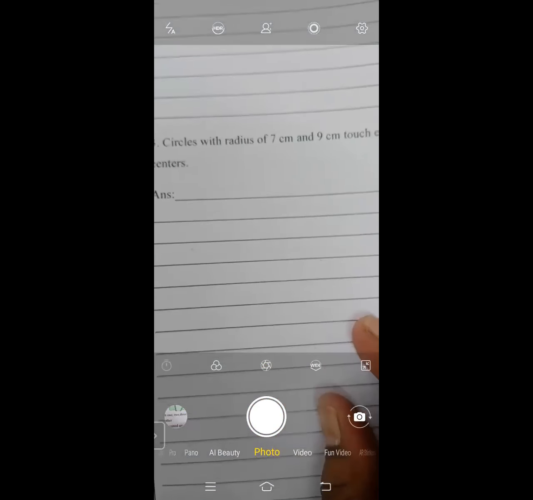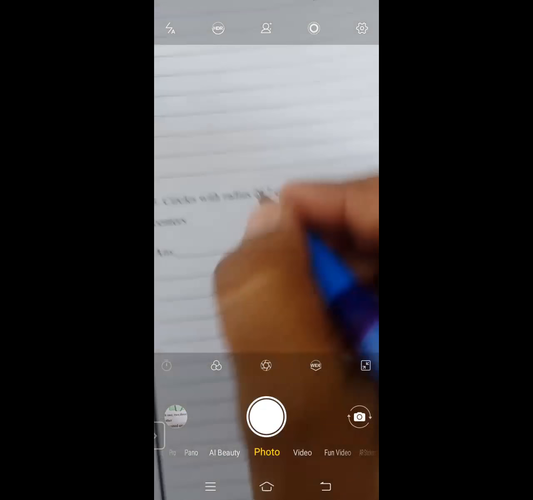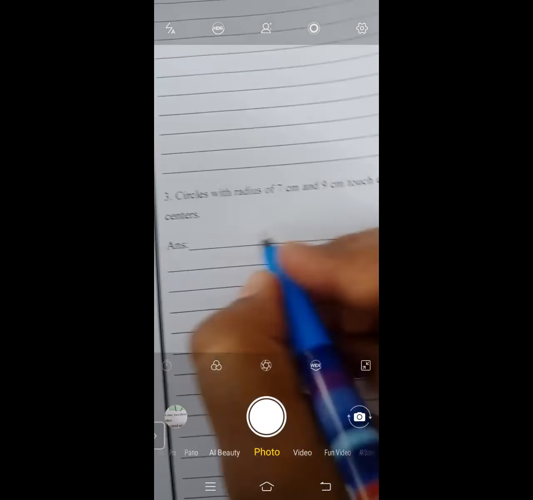Now we have studied some properties while learning the touching circles concept, and I will just write the point once again.